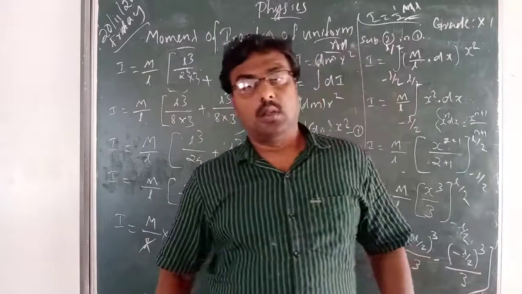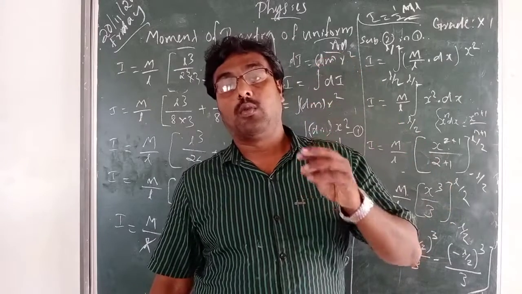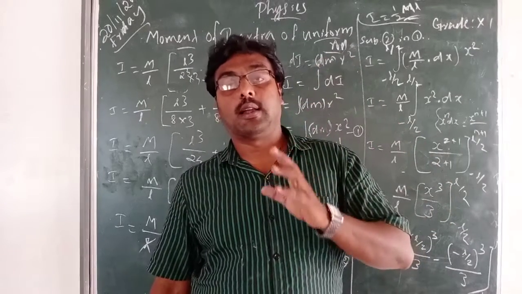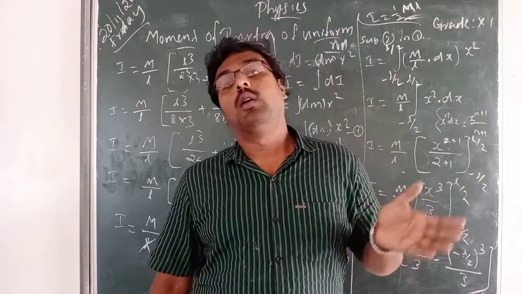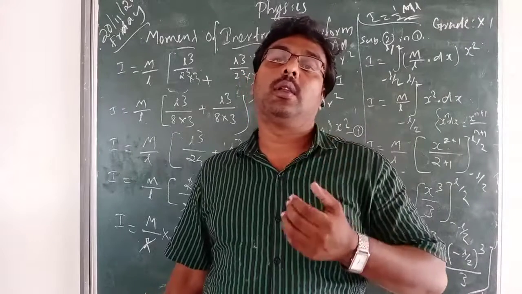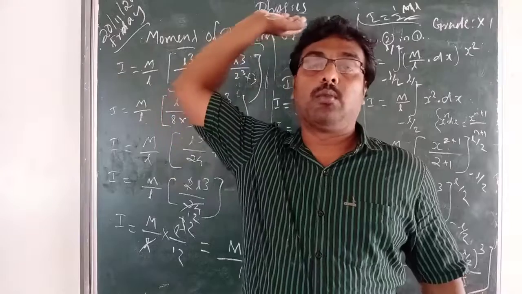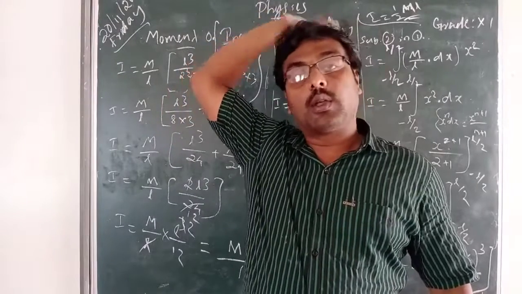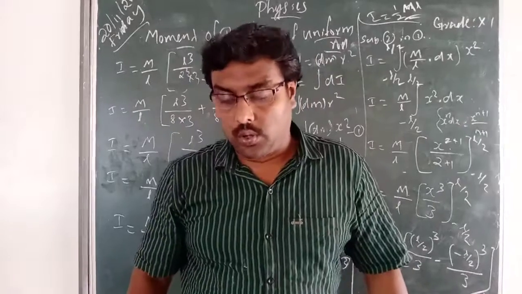So you can learn the formula I is equal to m r square for a point mass, sum of m i r i square for a bulk object, and for an infinitesimal object, dI is equal to dm r square. From that formula, you can derive the moment of inertia and find the moment of inertia of a uniform rod.